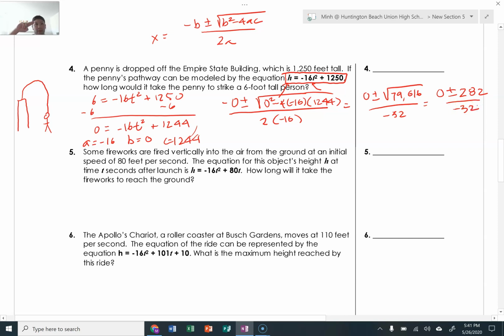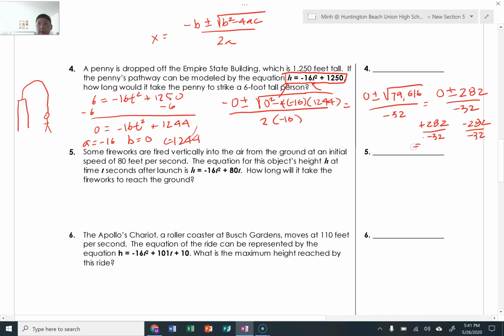Now, if you remember from the notes from yesterday, you're going to split it up into 2 answers. So I have a plus 282 over negative 32, and then I have a negative 282 over negative 32.